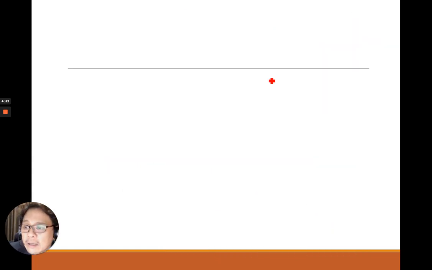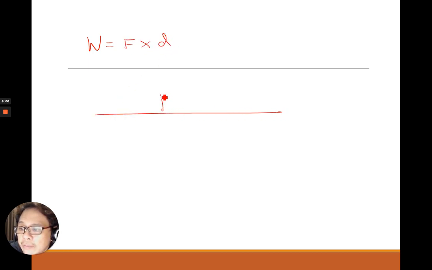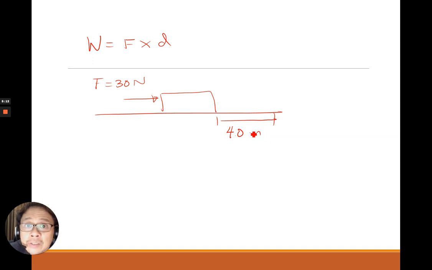Okay, let us have some sample problems. So, for example, a person is pushing this crate with a force equal to 30 newtons. And after some time, there is a displacement of 4.0 meters. So what is the work done on this box?